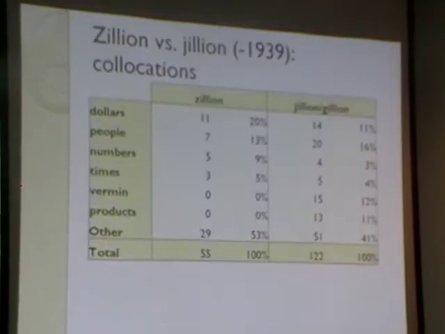A further point of contrast between zillion and jillion are its collocations, that is to say, the words with which it's associated, in particular what it's being used to count. And as you can see, zillion and jillion, and also the variant spelling jillion with a G, I've included those 2 together, those are both from Texas.